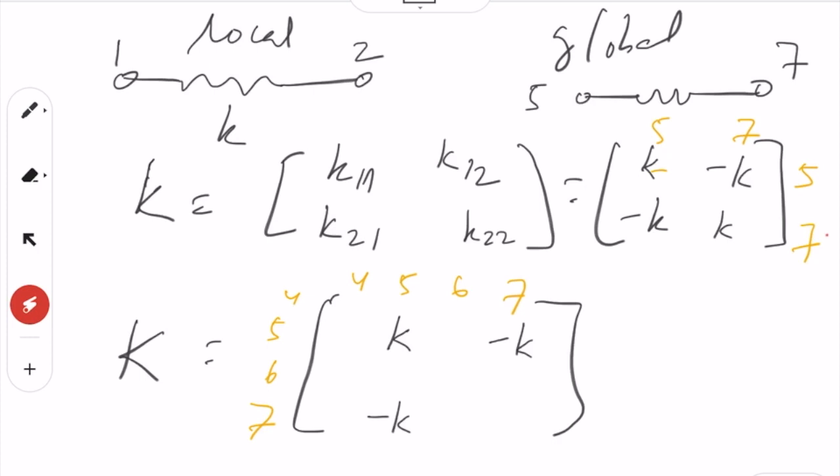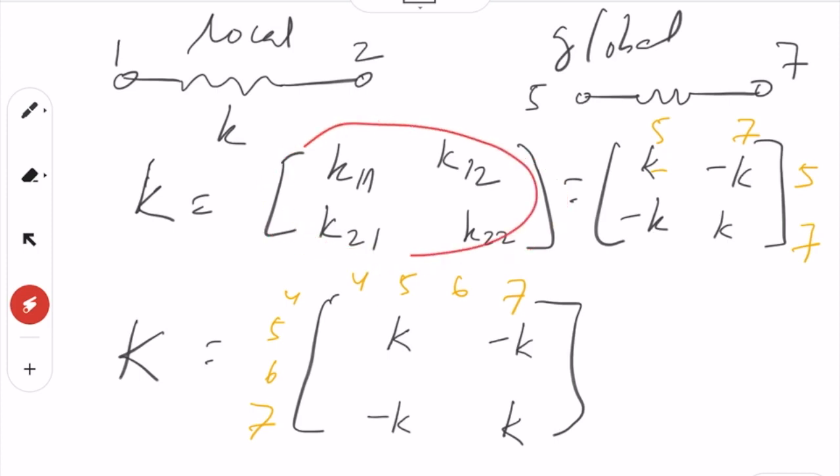So, this is 7th row, 7th column, here you have to write K. Okay. Other places we do not know what it is, but this is how you have transferred from local to global.